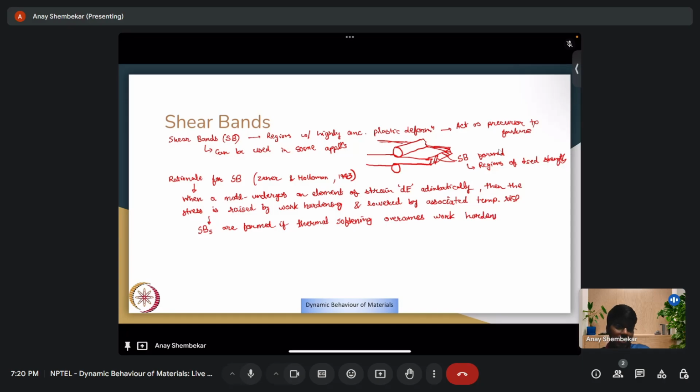So two competing mechanisms here. If the deformation rate is low, when the material undergoes some amount of strain, the stress will be raised due to work hardening.